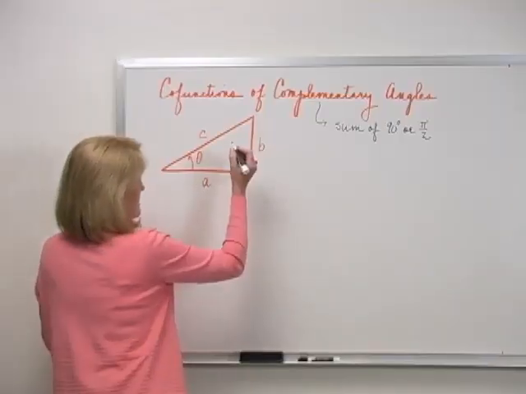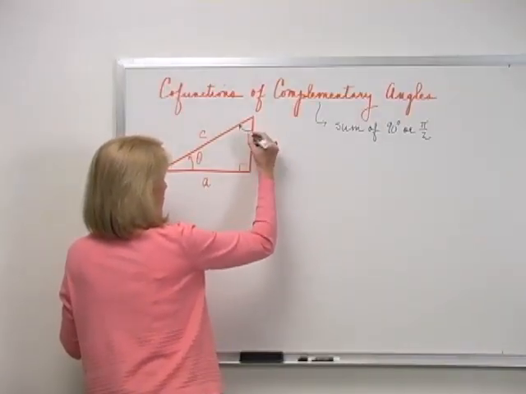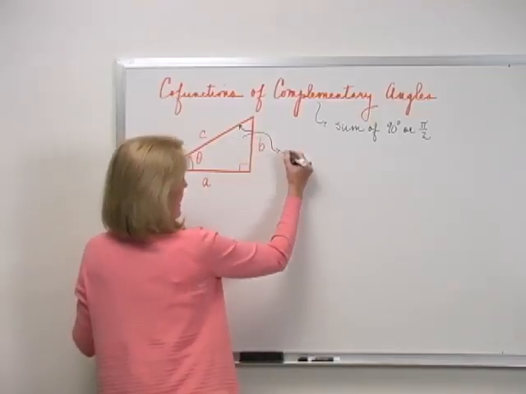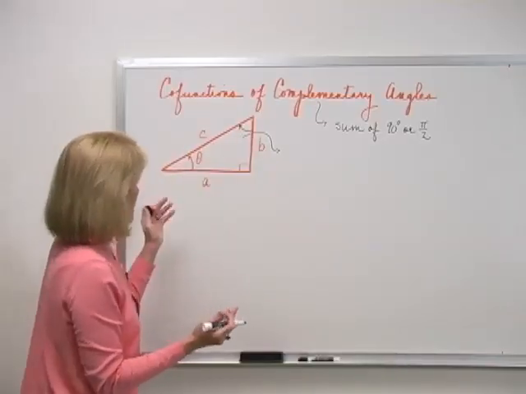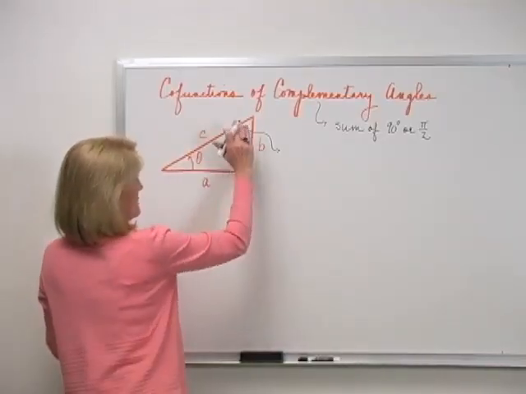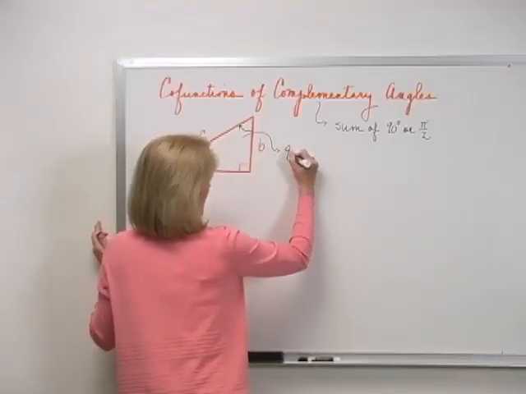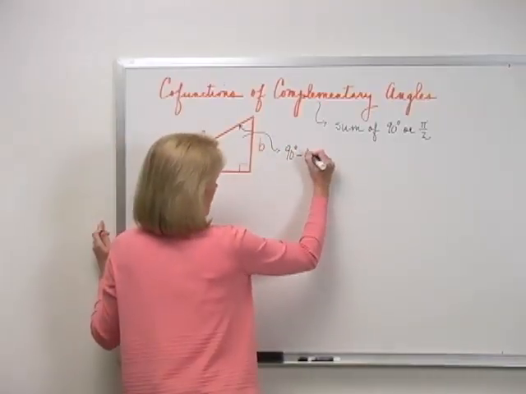So what that means is that I can label this angle right here, and I'm going to bring it out to here. I'm going to label that angle as what's left. The sum is 90, so I could say theta plus this angle is 90. So what's left for this one is 90 degrees minus what was used here.